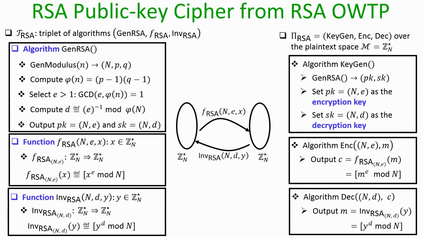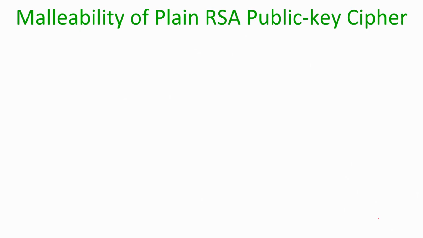If there is a sender which wants to encrypt a plain text little m belonging to the set Zn star, then using the public key (n, e), it can produce the RSA cipher text, which is m to the power e modulo n, and a receiver which obtains the cipher text little c, on possessing the secret key (n, d), can decrypt the cipher text by computing c to the power d modulo n.